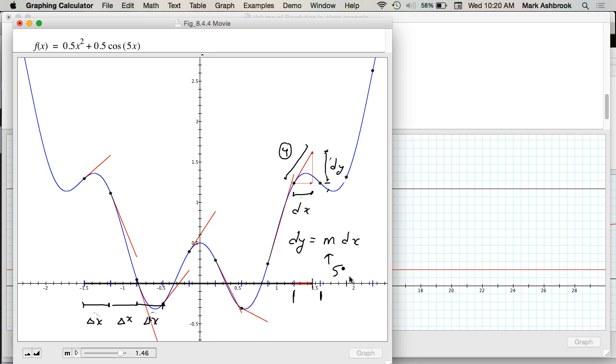So I heard someone say dy dx. Okay, so the rate of change represented visually is the slope of that line. Not the inclination. I can mess with the inclination all day by changing the axes, and it's the same rate of change.